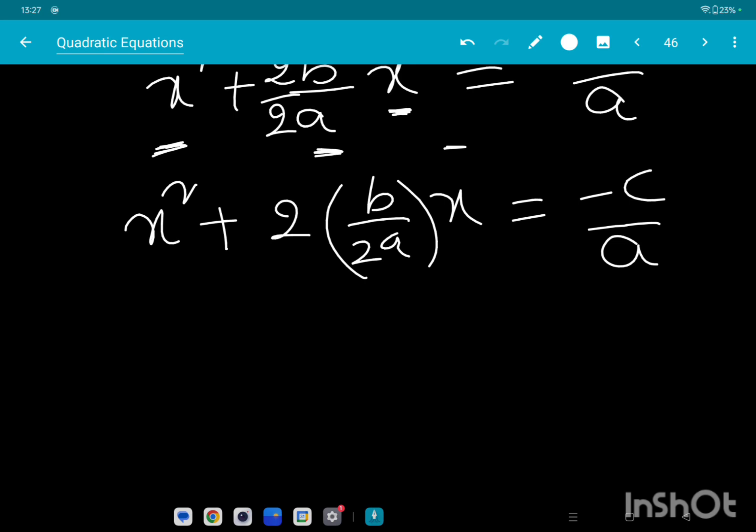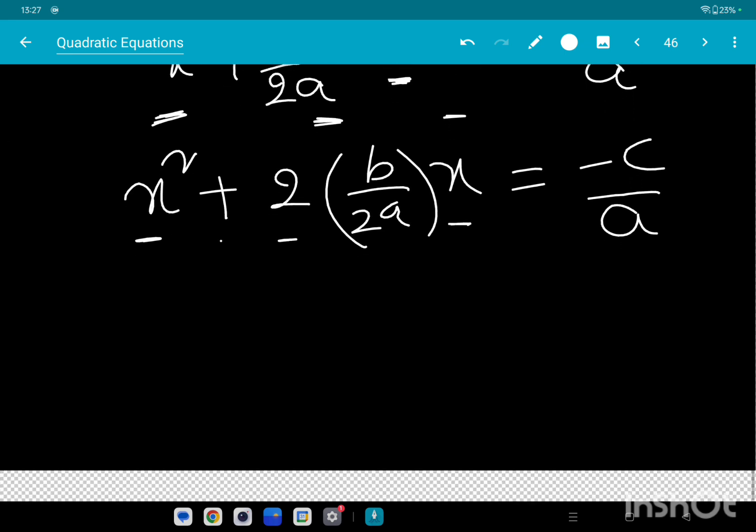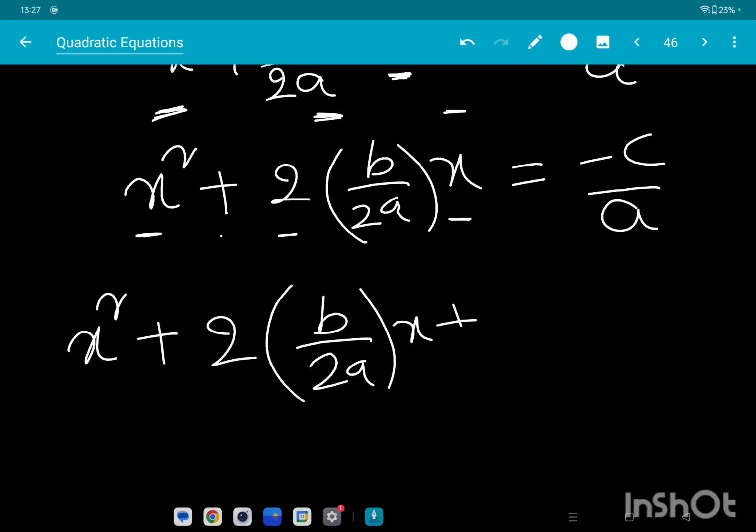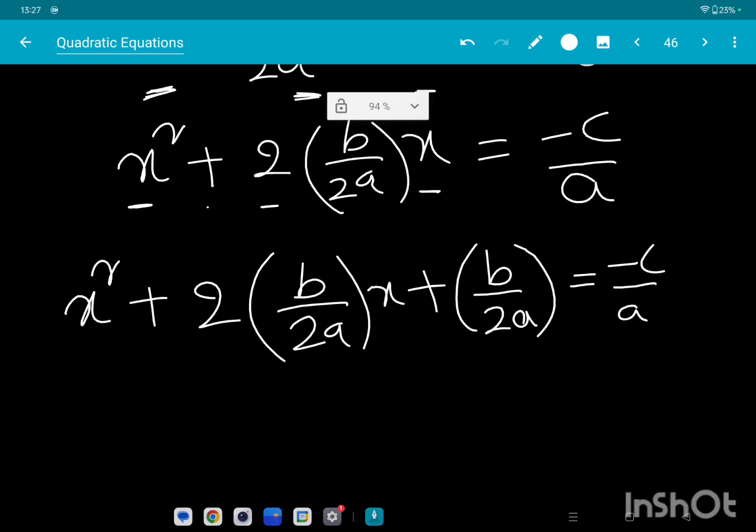Now I am going to add one more term here, because here a square means x square, plus 2ab, where the b value is b by 2a. Now I want b square. How can I write it? b square is b by 2a whole square.